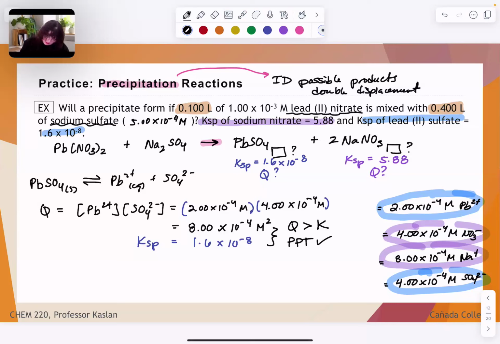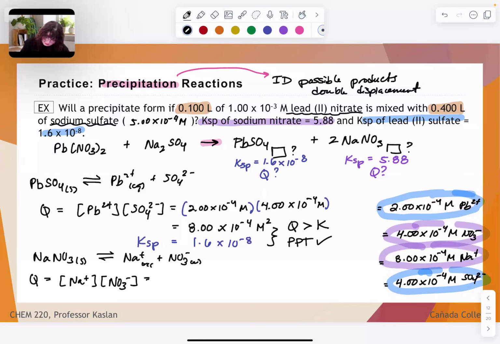But now let's also just sanity check that we would not see any solid sodium nitrate. So let's look at what would happen if we were to reach the saturation point of sodium nitrate. So Q for this is the concentration of sodium times the concentration of nitrate.